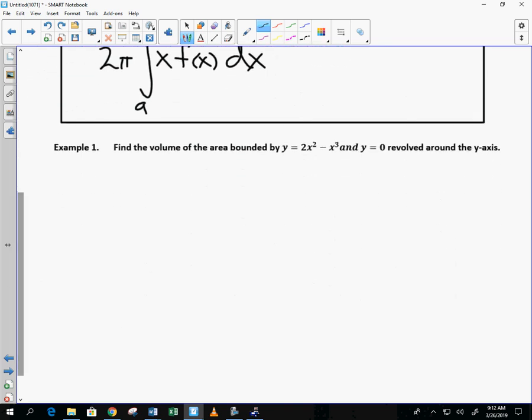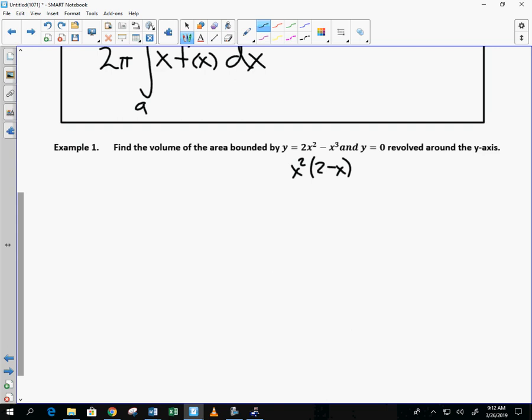It says find the volume of the area bounded by 2x squared minus x cubed and y equals 0 revolved around the y-axis. First of all, what the heck does that look like? If you factor out an x squared, you get 2 minus x. So what is 2x squared minus x cubed? What shape does that make? Somebody draw me a little squiggle thing. What do I get? Starts up and finishes down, right?